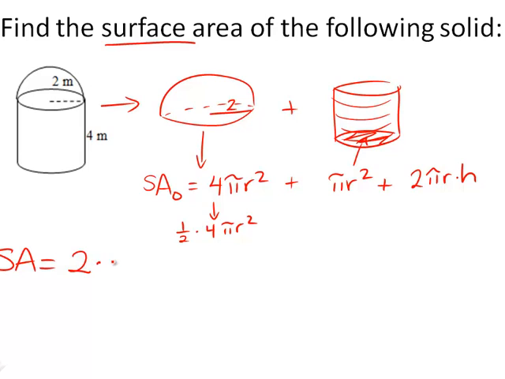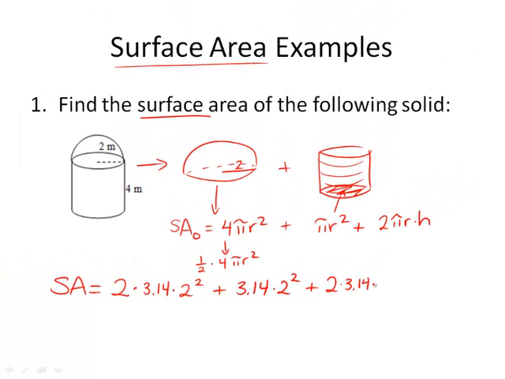So you've got 2 times 3.14 for pi, times the radius, which was 2, squared, plus you've got 1 circle on the bottom, which is 3.14 times the radius, which is still 2, squared. And then you've also got 2 times 3.14 times the radius, still 2, times the height of the cylinder, which was 4.